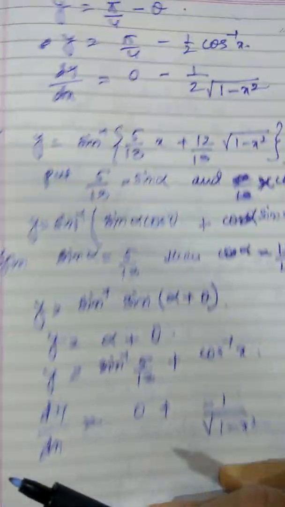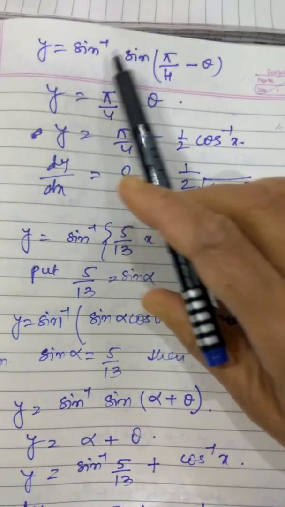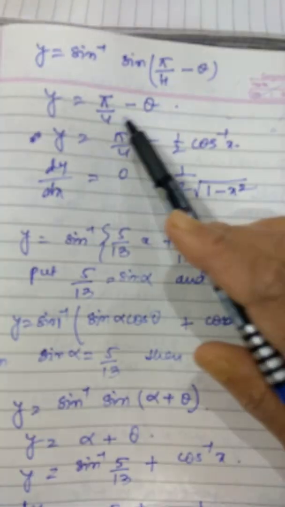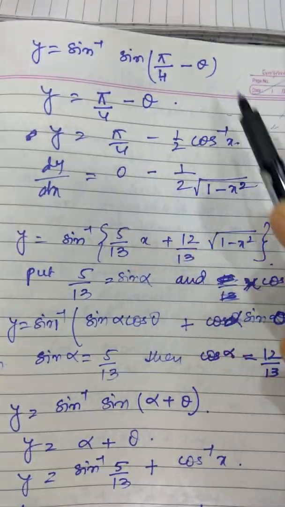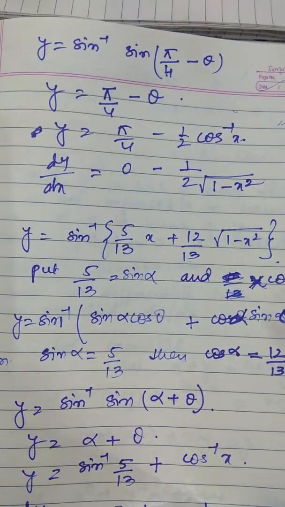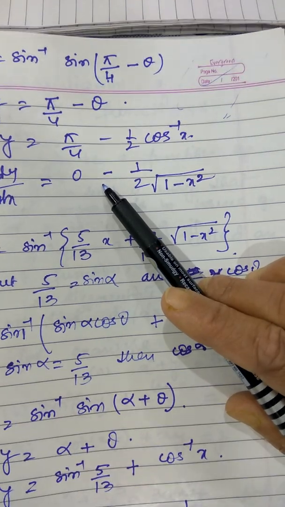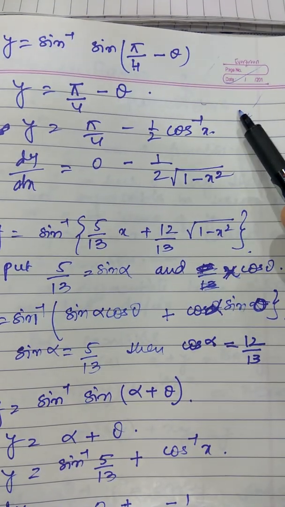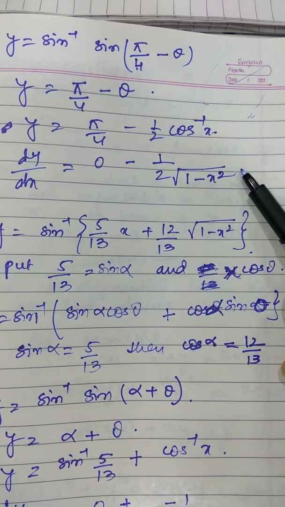So y is sin inverse sin(pi by 4 minus theta), so y is pi by 4 minus theta. Now differentiate this. Pi by 4 is constant, so its derivative is 0. And theta is half cos inverse x, and now differentiate.